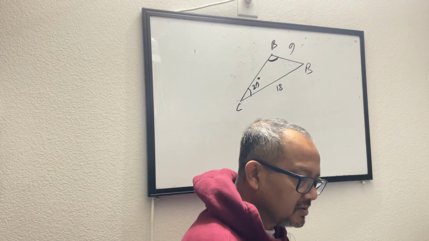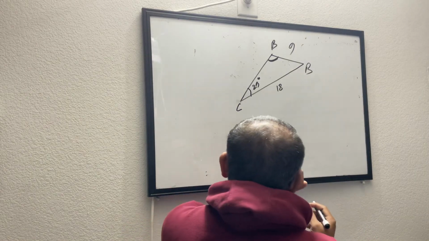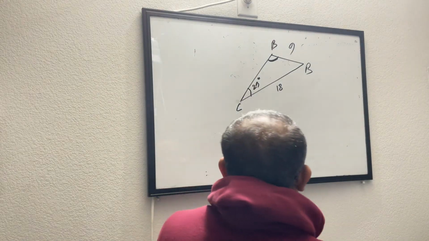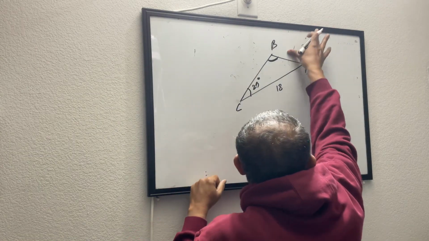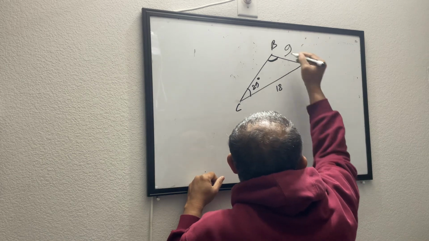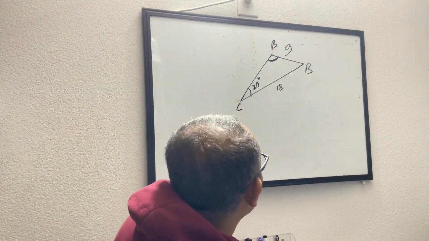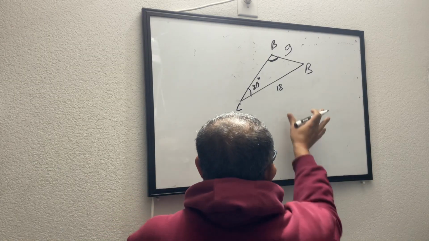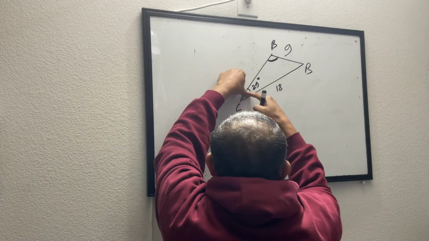the side one, we know that B over 18 is equal to... This is 9, not B. Using this side, let's look at this.